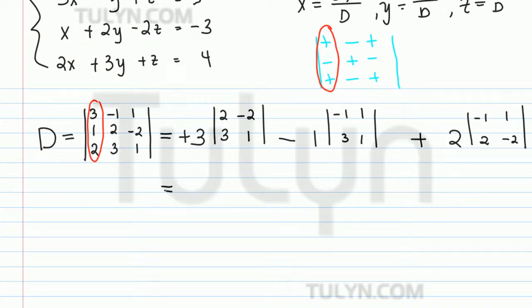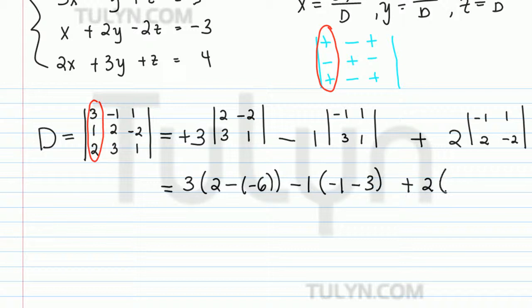So now let's simplify. This becomes 3 times the determinant of this, which you cross multiply and then take the difference. So 2 times 1 is 2, minus 3 times negative 2 is negative 6. Then minus 1 times negative 1 minus 3 times 1 is 3. And finally 2 times 2 minus 2 times 1 is 2.